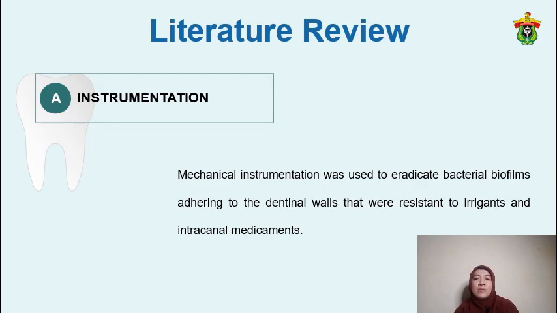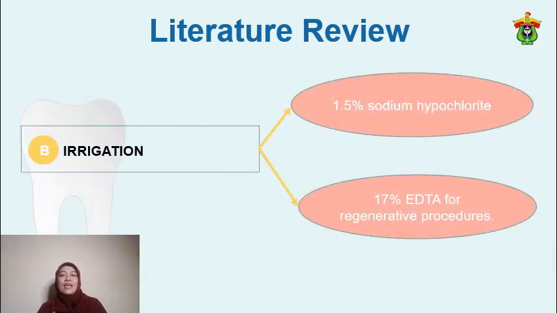Therefore, bacterial elimination in regenerative endodontic procedures is suggested with the use of more irrigation and intracanal medicament. Irrigation plays an important role in the early stage of the disinfection process for biofilm elimination.